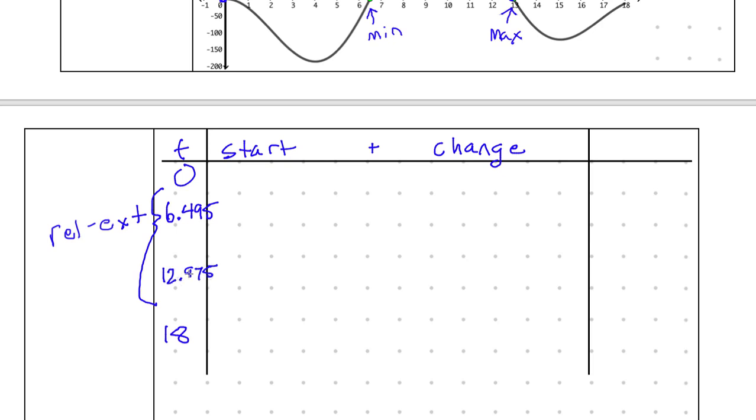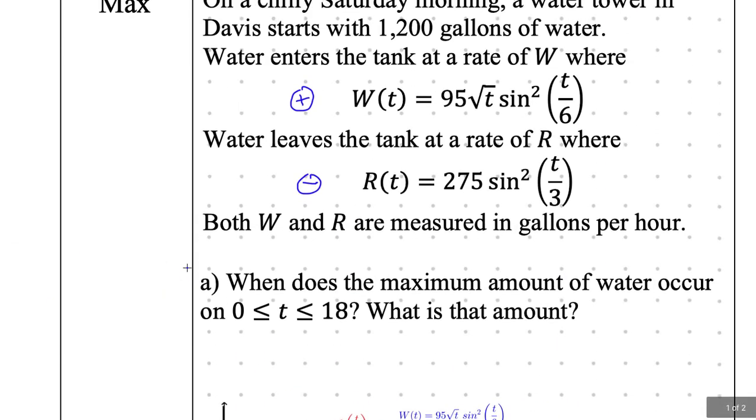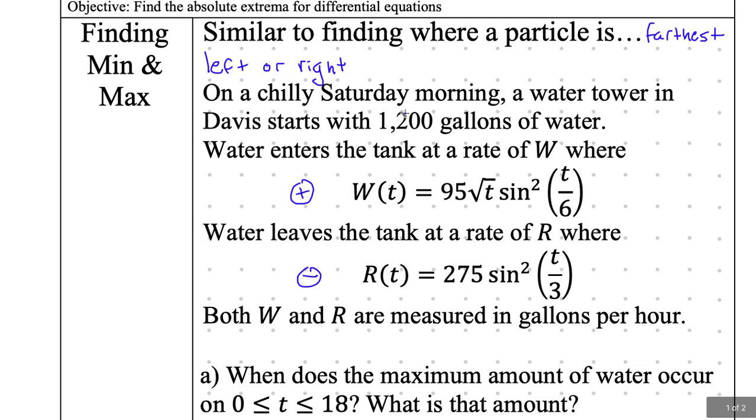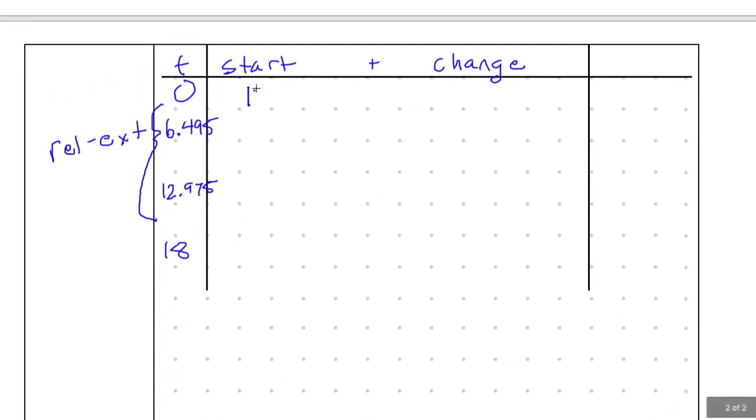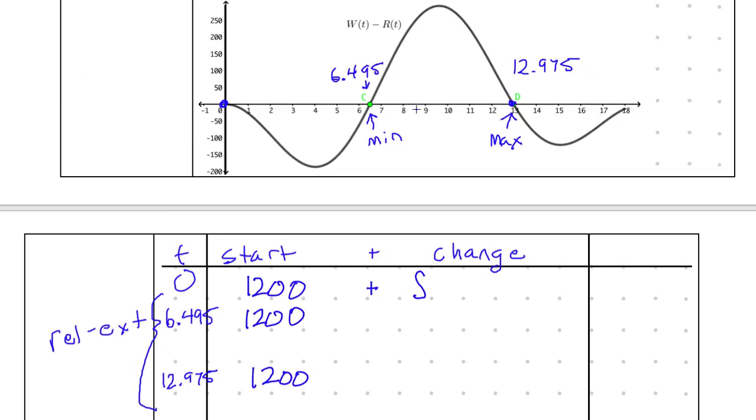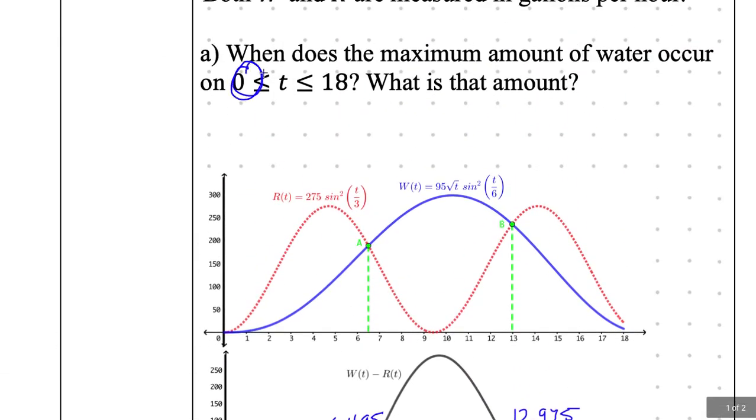12.975. And then you're going to do your start plus change equals n. So what is our start? 1200. So you can come up here and you can label that as our start condition. Our start is 1200. So 1200, 1200, 1200, 1200, and then we're going to do change. That's the integral from our start time. Our start time is 0.